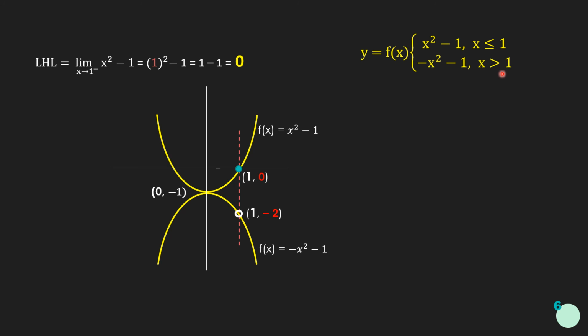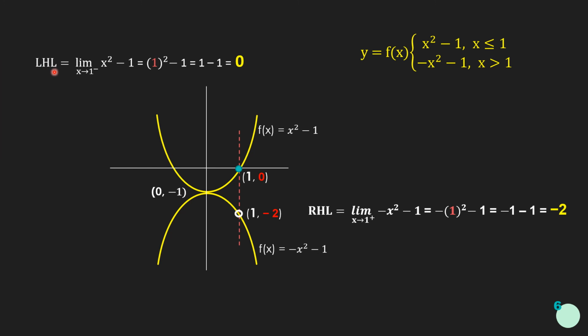As x approaches 1 from right side, for finding right hand limit, we have to choose minus x square minus 1 and find the right hand limit as RHL equals limit minus x square minus 1 as x approaches 1 positive, equals minus of 1 square minus 1, that will be minus 1 minus 1, that will be minus 2.